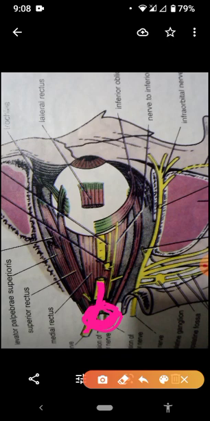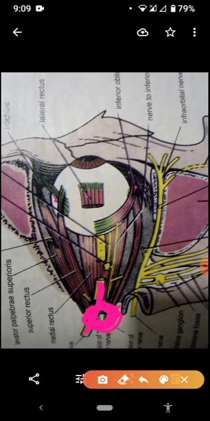All four muscles, the superior rectus, inferior rectus, medial rectus, and lateral rectus, are originating from this ring. The superior rectus is originating from this place, inferior from this, medial from here, and lateral from here.